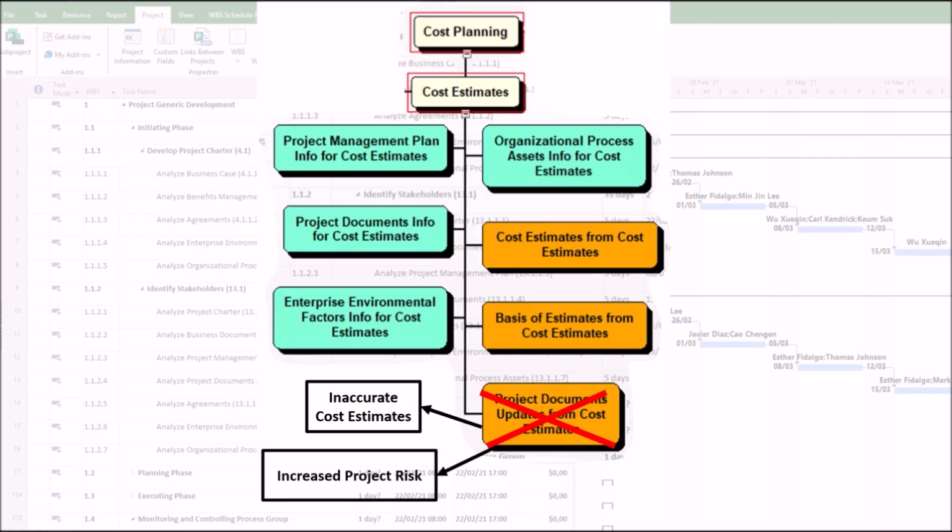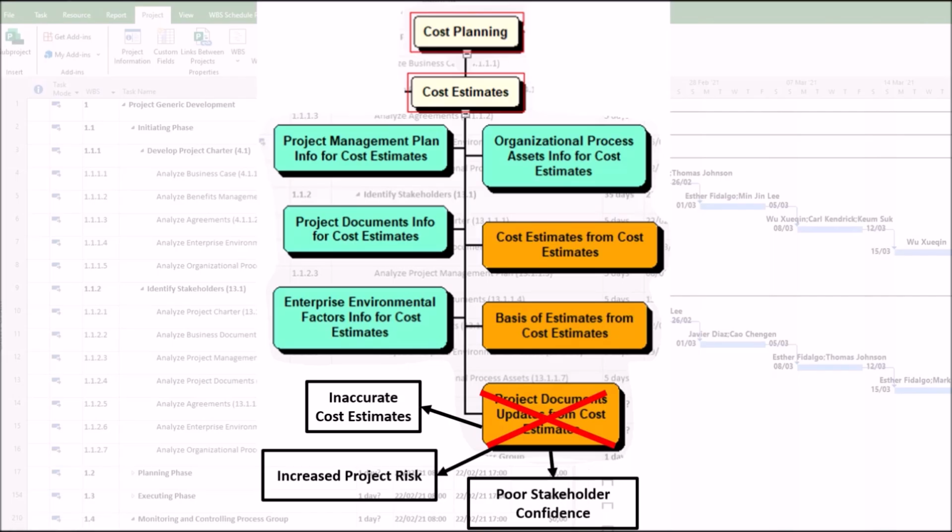Missing updates on constraints, such as regulatory changes and market conditions, can lead to unrealistic estimates. 2. Increased project risk. First, uncaptured risks. Failure to update the risk register with cost-related risks, such as supplier delays and inflation, means contingencies won't be properly budgeted. Second, poor contingency planning. Without documenting lessons learned from past projects, the team may repeat costly mistakes. 3.